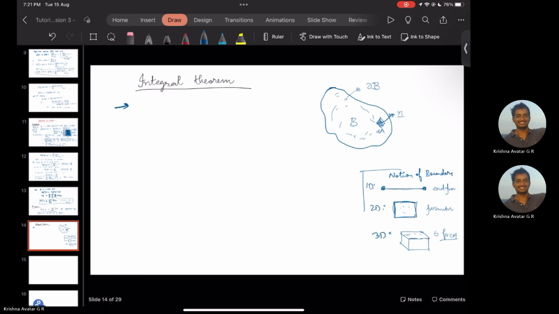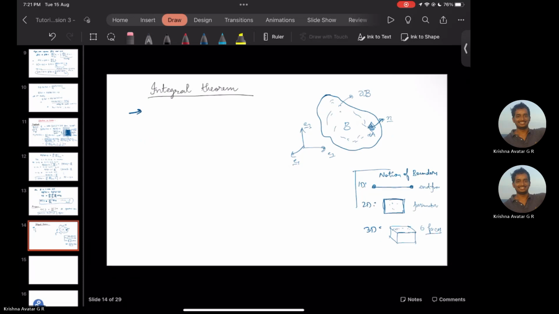So let us have a general case. Let this body exist in 3D space, given by E1, E2 and E3. The goal here is to relate any quantity defined over the volume to something over the boundary of that domain.